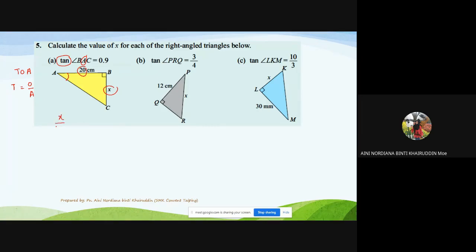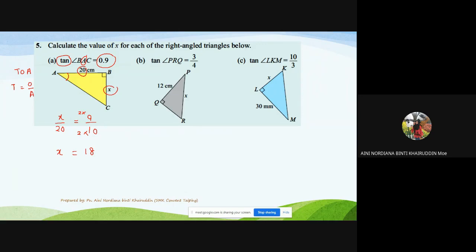So x over 20 equals to, take this one. You can write 0.9 or 9 over 10. It's up to you. If you want to write 9 over 10, then you can, like I showed you before, times 2 at the denominator and times 2 also at the numerator. So you will get x equals 18.